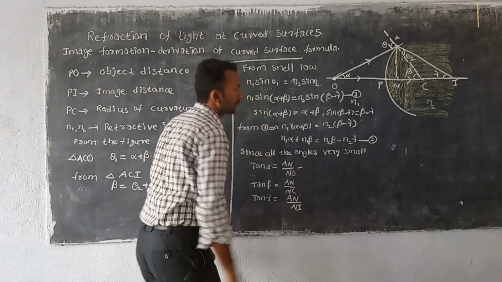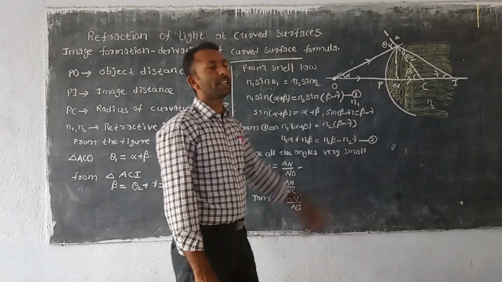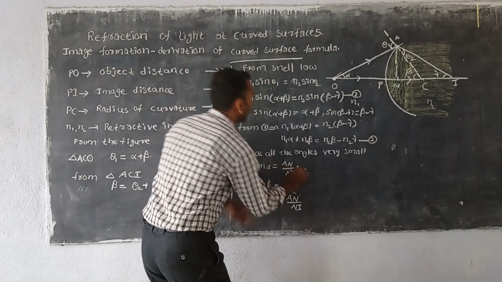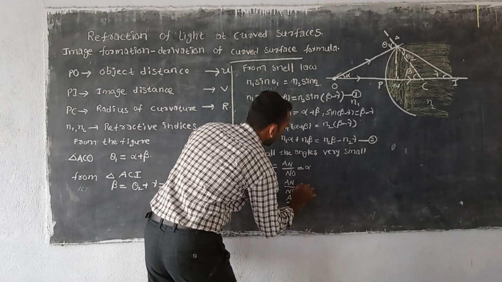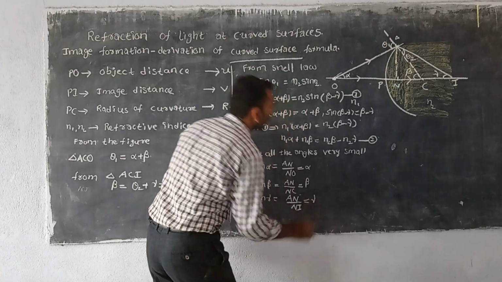Since all the angles are very small, tan alpha becomes alpha, tan beta becomes beta, and tan gamma becomes gamma.